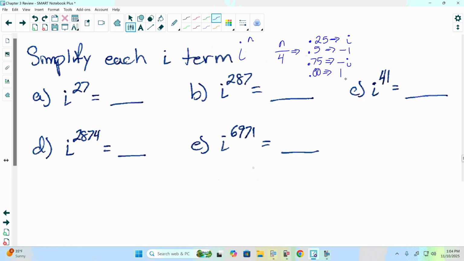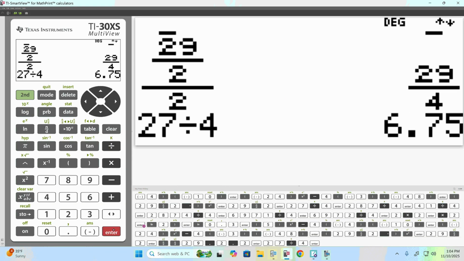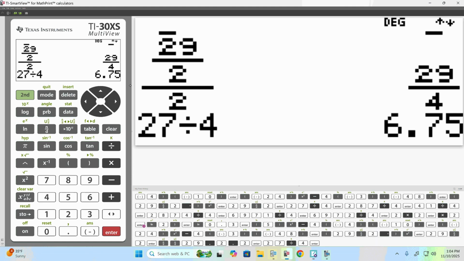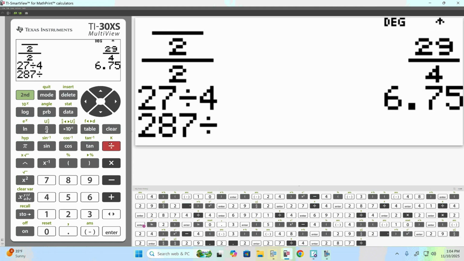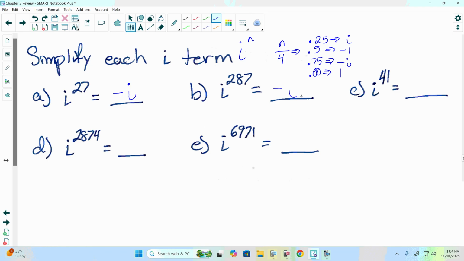So the first one's i to the 27th. 27 divided by 4 is 6.75, which would be negative i. 287. Yes. 41. i, because it's 0.25. 2,874.